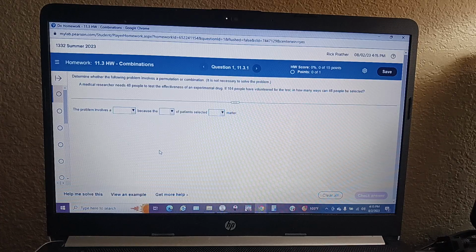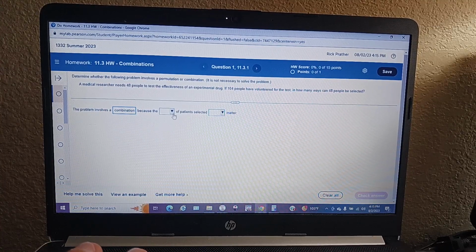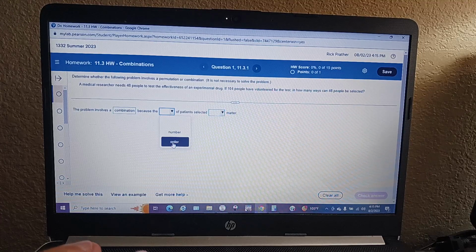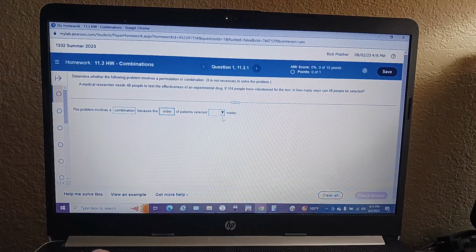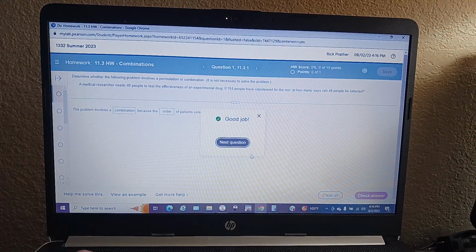But if you're just going to test one drug and see is this effective or not, then all the people that get selected are going to take the same drug. So that means you're treating them all the same. And if you're treating them the same, it's a combination, not a permutation, because the order doesn't matter. The order of the patients selected doesn't matter, because all 48 are eventually going to get the same medicine. So that's a good example of a combination.